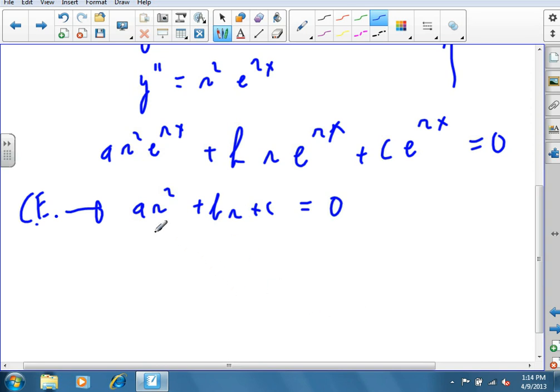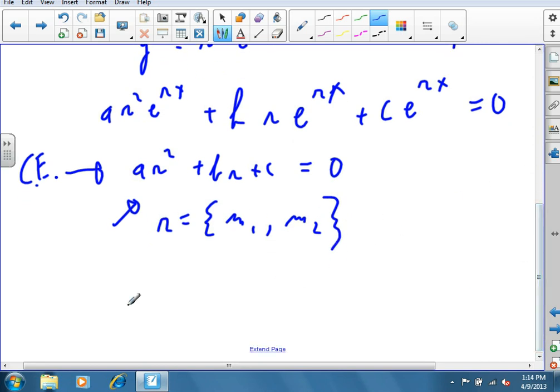So in section 3.1, we're looking at the case where I have two distinct roots. So r is going to be equal to m1 and m2. If that's the case, then the answer to my differential equation is y equal to c1 e to the m1x plus c2 e to the m2x.